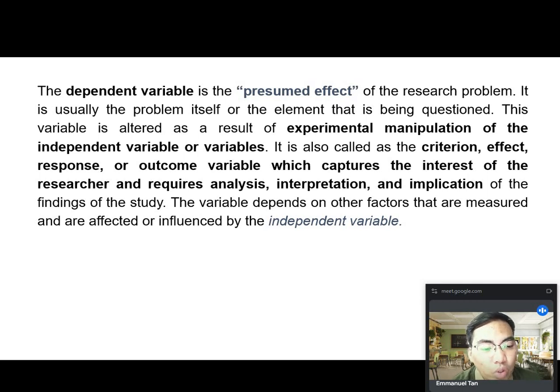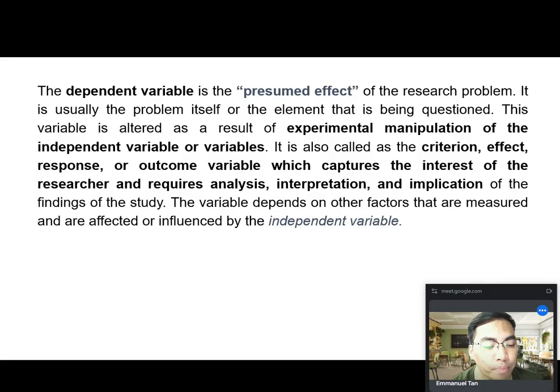So it is also called, on the other hand, the criterion, the effect, the response, or outcome variable, which captures the interest of the researcher and requires analysis, interpretation, and implication of the presumed cause plus the presumed effect. Okay? Now, the interpretation and implication would be found in the findings of your study.